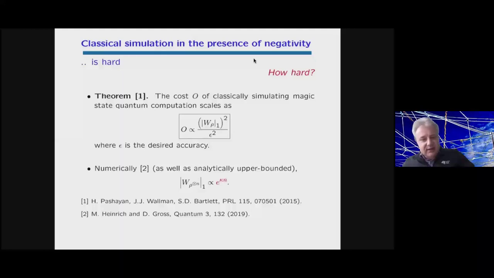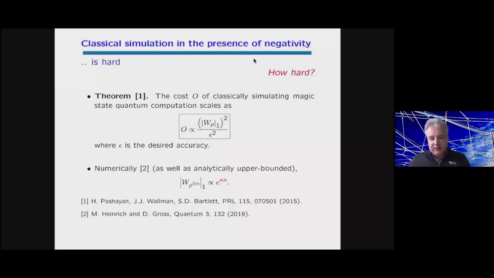You see, negativity in this Wigner function drives up the one norm because you still have the normalization condition. What it means is that if you have negative peaks, then you also have large positive peaks. And because you're taking absolute values, that blows up the one norm. It can be shown that the cost of simulation increases quadratically with the one norm of the Wigner function, which is just a measure of negativity.